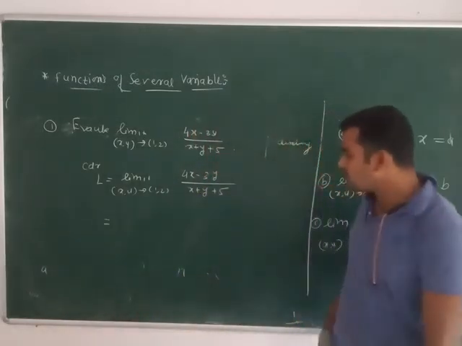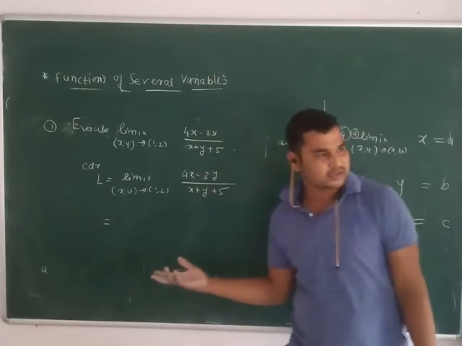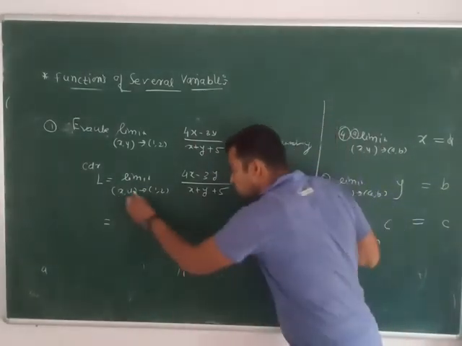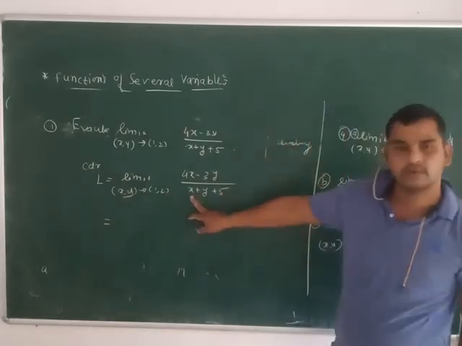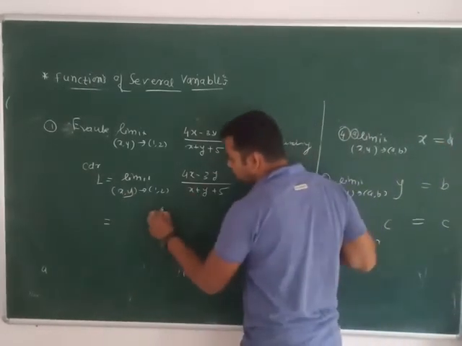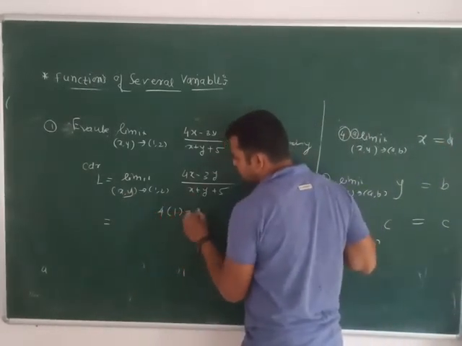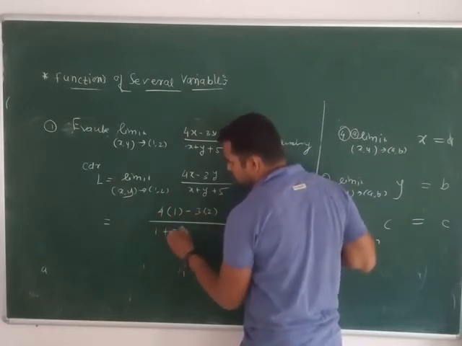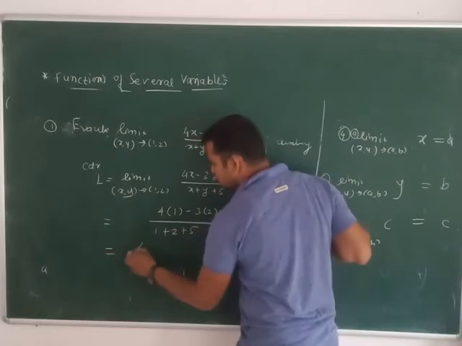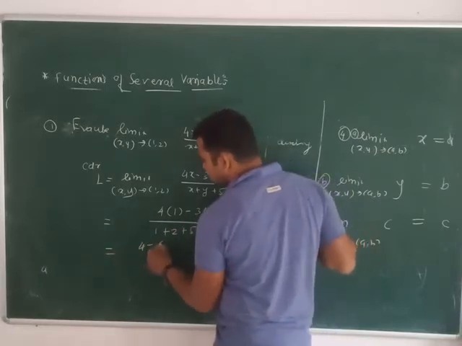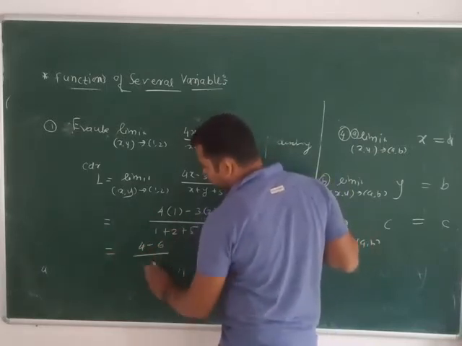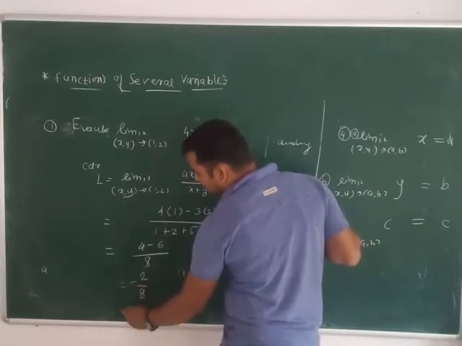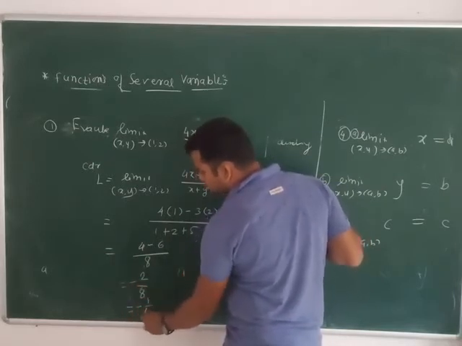Now substitute (x, y) tends to (1, 2), which means x tends to 1 and y tends to 2. Substituting x equal to 1 and y equal to 2, we get 4 into 1 minus 3 into 2 divided by 1 plus 2 plus 5, which is equal to 4 minus 6 divided by 8, which is equal to minus 1 by 4.